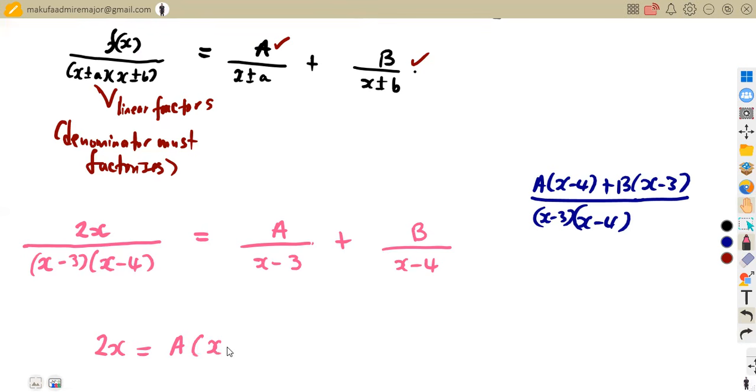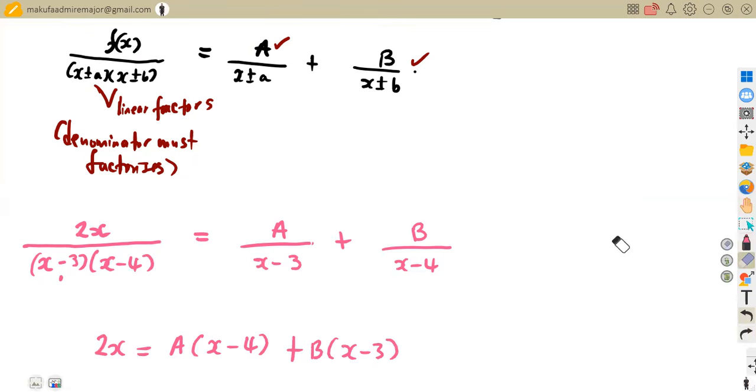So it's A into (x minus 4), and the same thing for B: plus B times (x minus 3), since x minus 4 cancels. But it's going to be a waste of time to simplify this into a single fraction. Just from this step, equate this part.